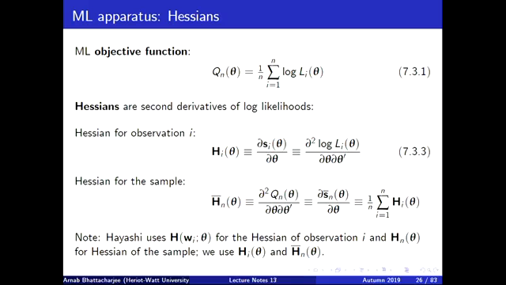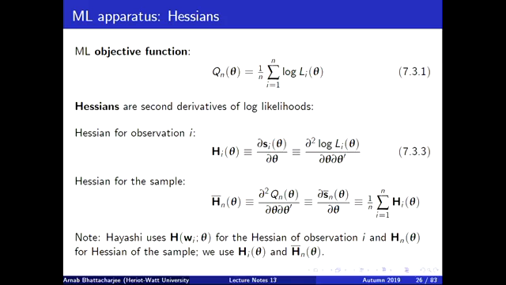Okay? So if my theta was p-dimensional, my score vector is p-dimensional, right? That's one element for every element of theta. What is this guy? This guy is a p by p matrix. Okay? So the Hessian for the sample is simply the second order derivative of Qn with respect to theta, del theta prime.